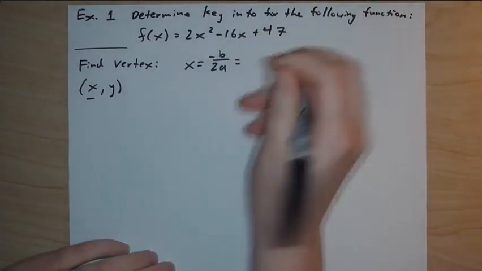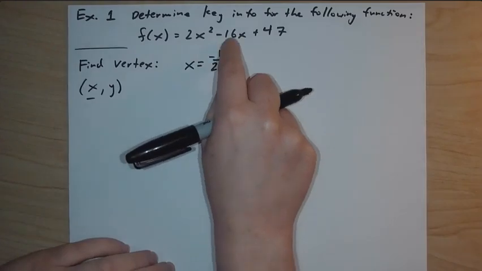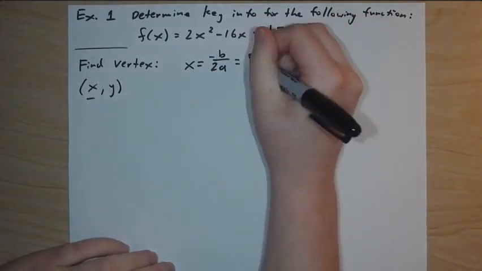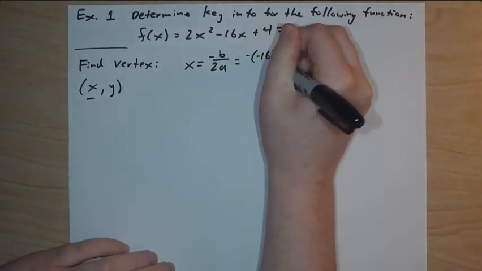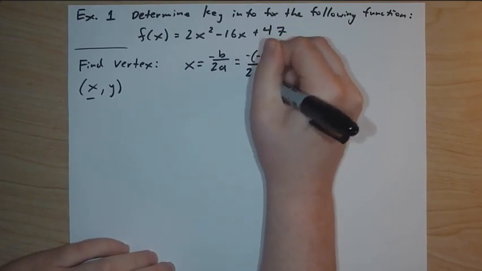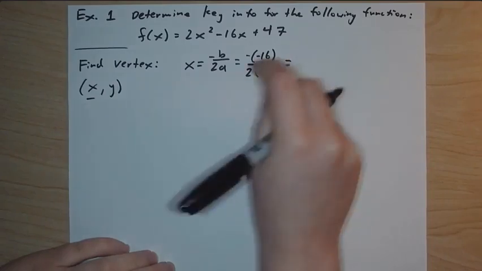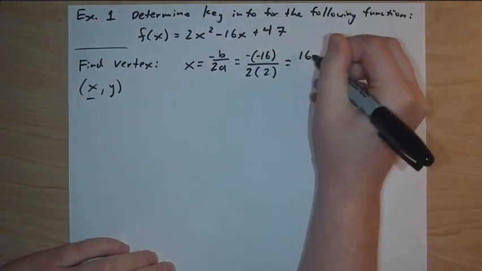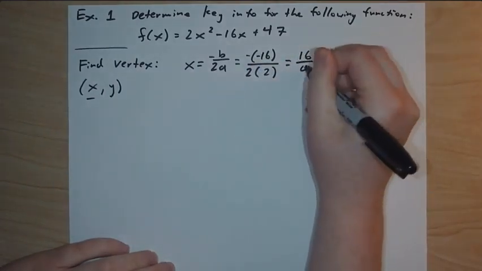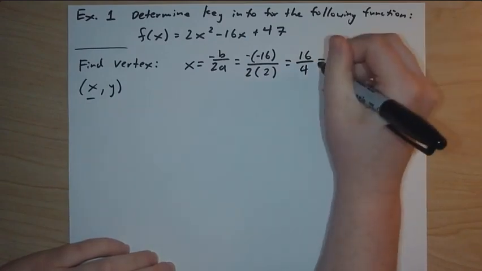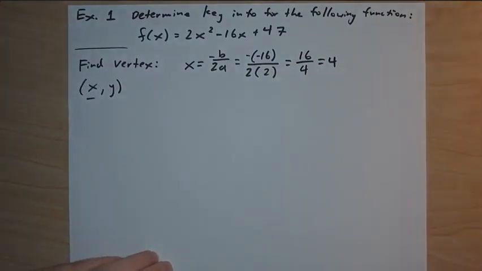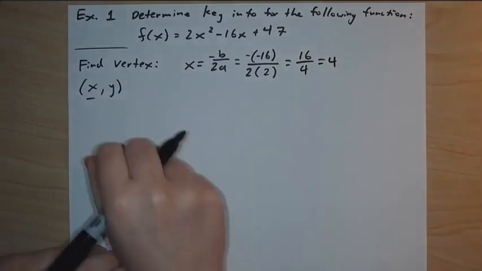Plugging straight in, b is negative 16, so we have negative 16 divided by 2 times a, which is 2. A negative of a negative is a positive, and 2 times 2 is 4. 16 divided by 4 is 4. So we have our x value, which is 4.